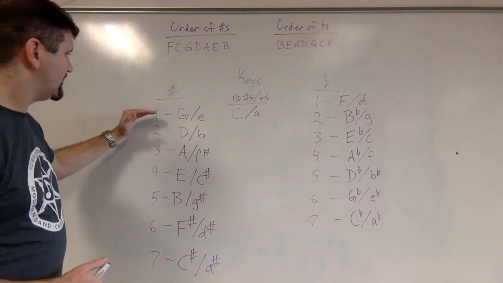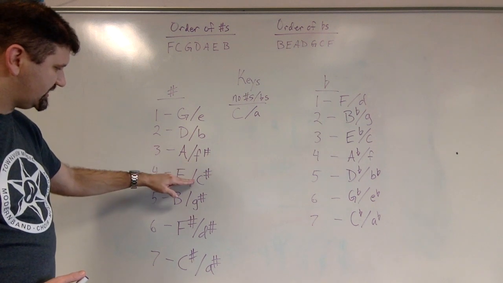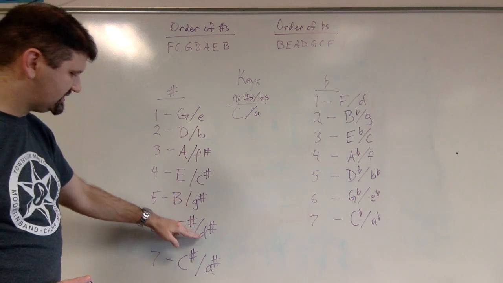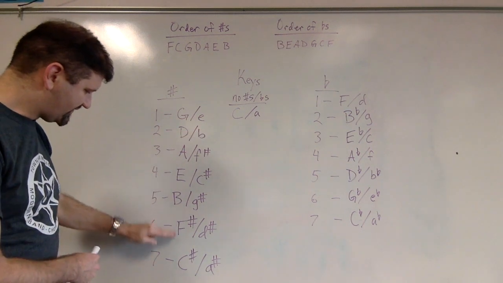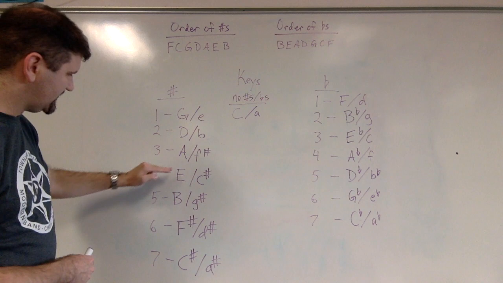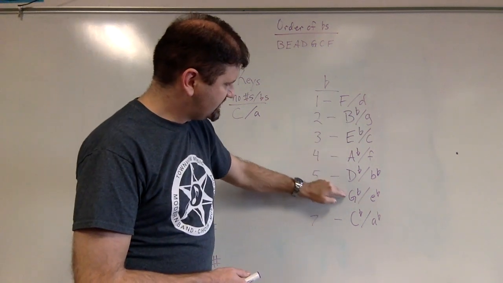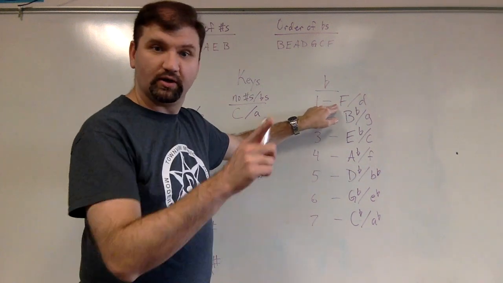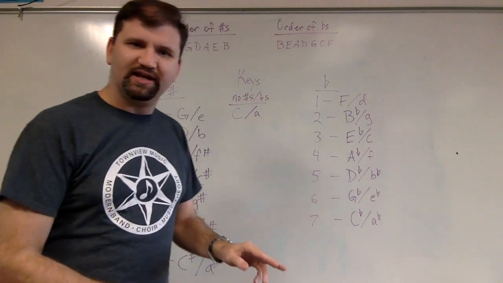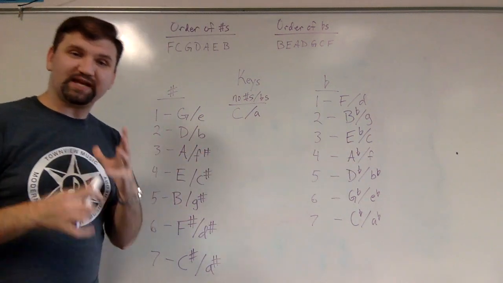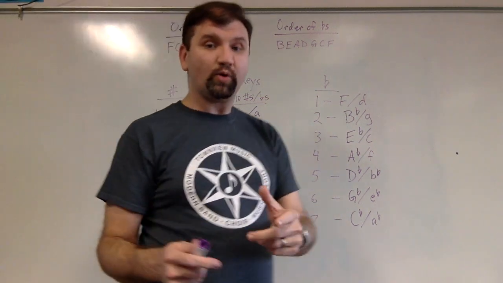If we look here, we've got F, C, G, D, A, E, B, or B, E, A, D, G, C, F. So the order of the sharps and the flats is the same pattern as the order of the keys.